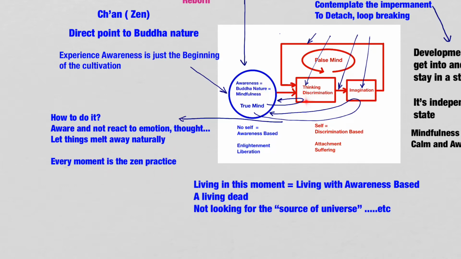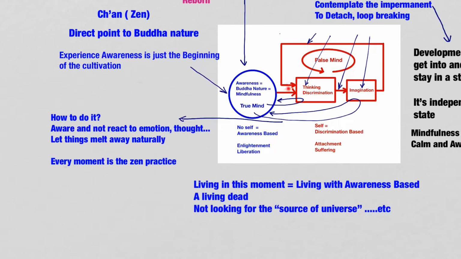Okay? So every moment, those who practice Zen do that. The more they practice this, aware and not react to emotions or thought and let things melt away, it will actually clear out the habit of this loop.